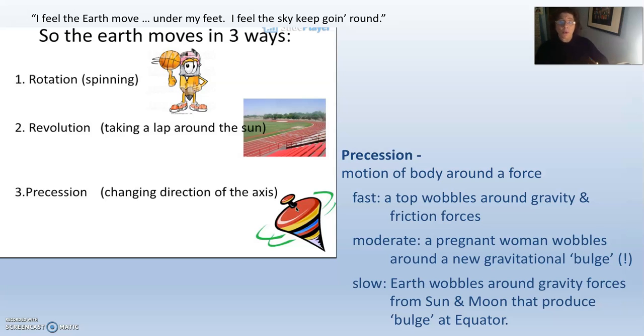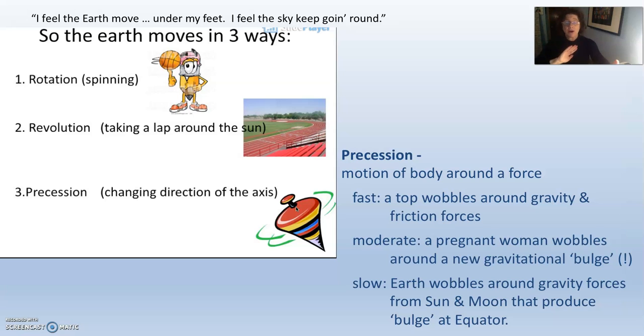So a woman will wobble around that center of gravity that has changed. Bring to mind that bulge and keep it in mind for the Earth. The Earth actually wobbles around a bulge at its equator that's caused by the tidal pull of the sun and the moon, so that the equator is actually about 43 kilometers wider than the same measurement from pole to pole.